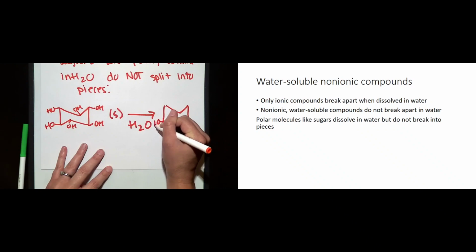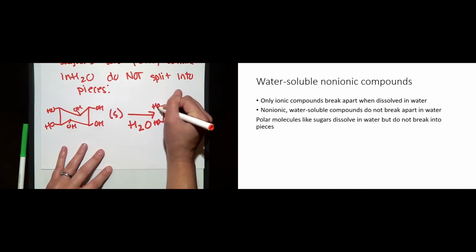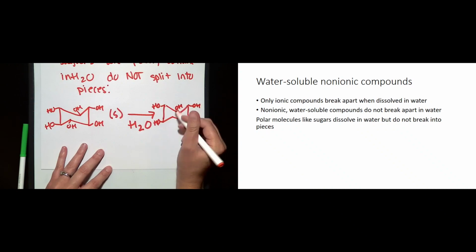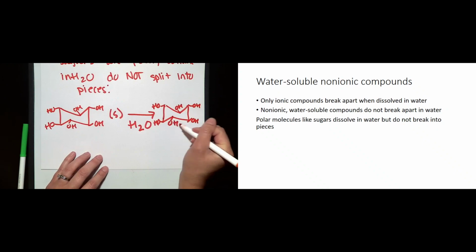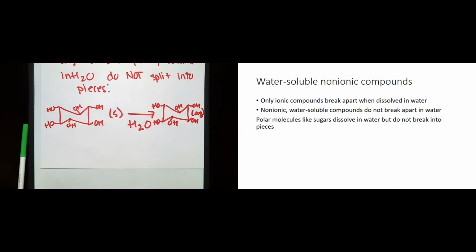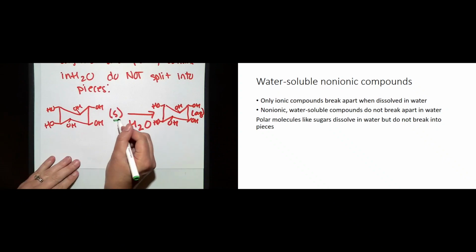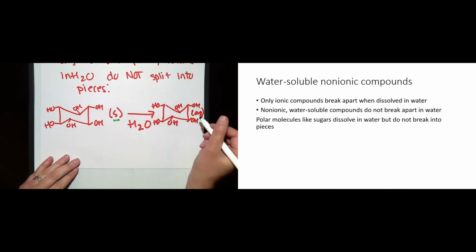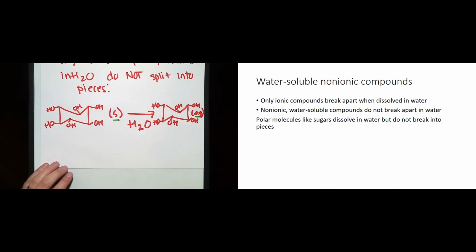You don't have to know these kinds of structures yet. Even in organic, I don't think you cover a lot of sugars. But this is going to be aqueous. So the difference here is solid sugar particles, like granular table sugar, for example, and then dissolved in water, meaning, well, it's invisible.